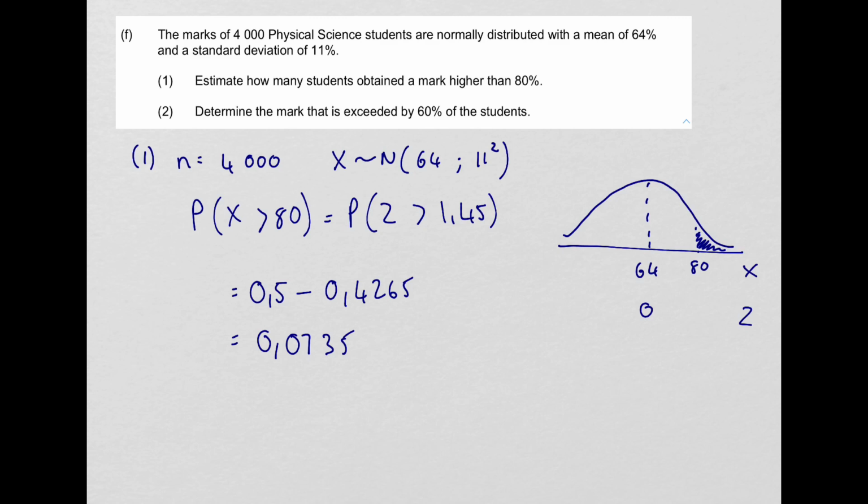And this is why it's important that you write down the number that they gave you, because they asked not the probability or the percentage, they asked exactly how many. Okay, so you've then just got to multiply your probability by 4,000 to get a value of 294 students who obtained a mark higher than 80%.